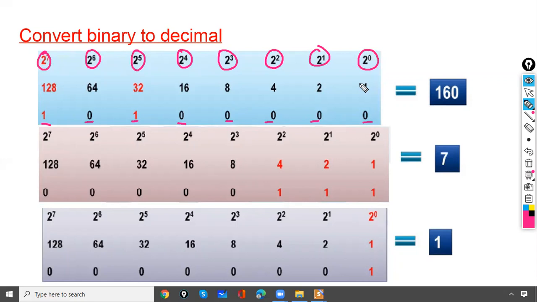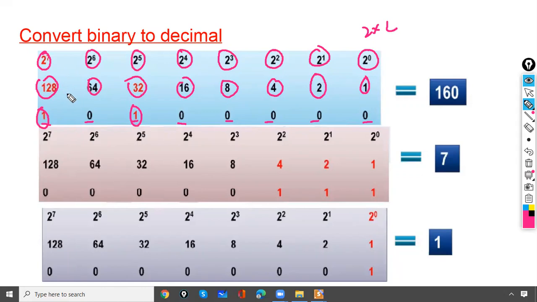Then you will calculate the values. 2 power 0 will be 1, 2 power 1 is 2, 2 power 2 is 4, then 8, 16, 32, 64, 128. Then again, you will consider the binary ones. You will take the values above the binary ones: 128 plus 32. You will ignore the zeros. So 128 plus 32 is 160. So far we have 192.160.